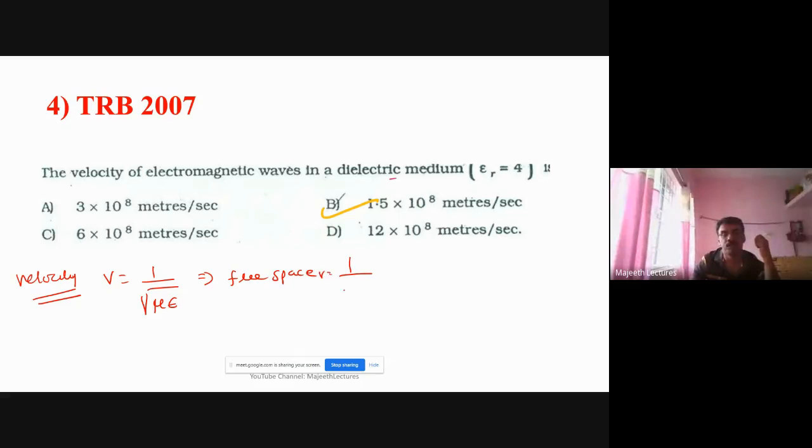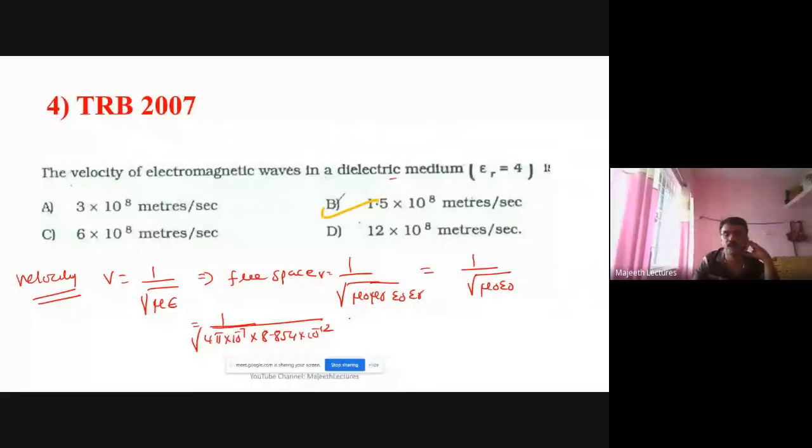V is equal to, I can write mu as mu naught mu r and epsilon as epsilon naught epsilon r. So mu r is equal to 1 for free space, and epsilon r is equal to 1. I told you already. So mu naught, epsilon naught. If you simplify, we know mu naught is 4 pi into 10 power minus 7. Epsilon naught is 8.854 into 10 power minus 12.